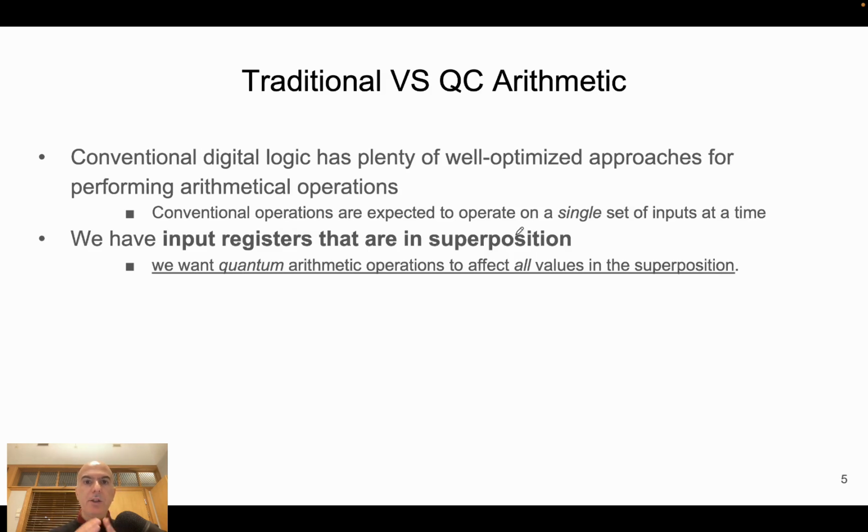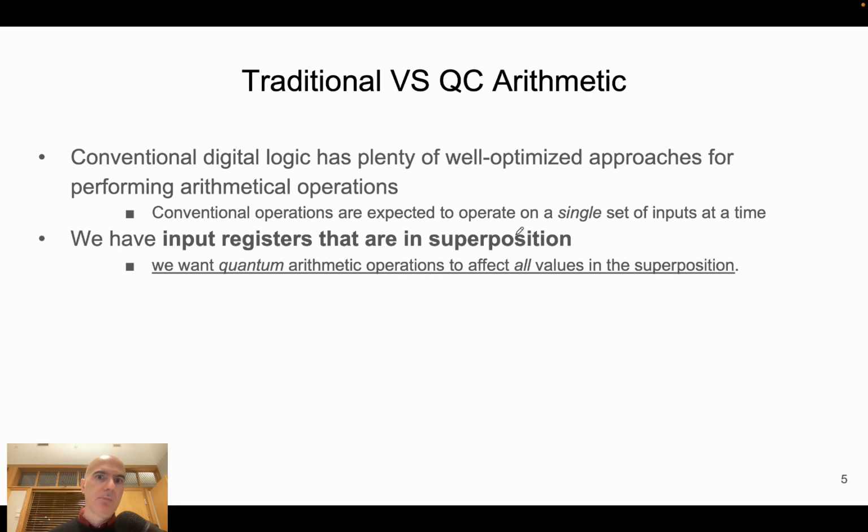If we compare traditional with quantum computing arithmetics, conventional digital logic has plenty of highly optimized approaches for performing arithmetic operations. Conventional operations are expected to operate on a single set of inputs at a time.